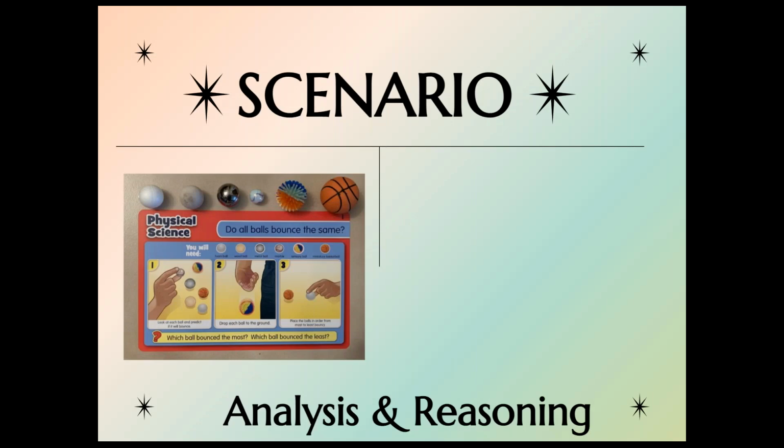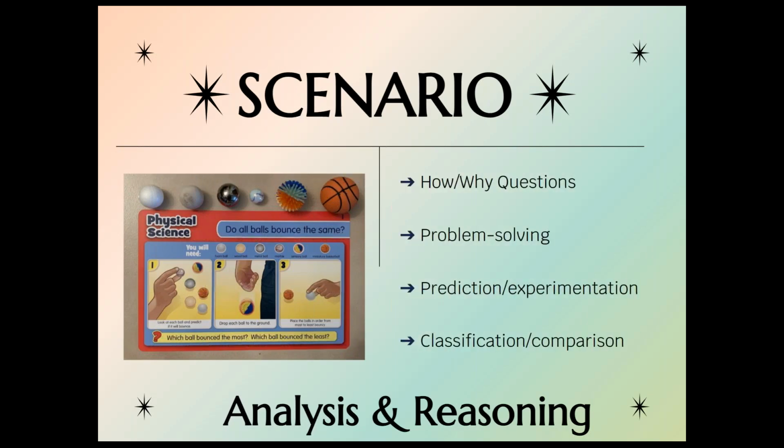So when we talk about analysis and reasoning, let's bring back what that means. That means those how and why questions, problem solving, prediction and experimentation, classification and comparison. So if we gave these children 6 different balls in one of the centers, made from different materials, from different items from the classroom, from different toys, having different textures, what could we do to inspire them to think about these materials in a new way and get them to really work on their analysis and reasoning skills?